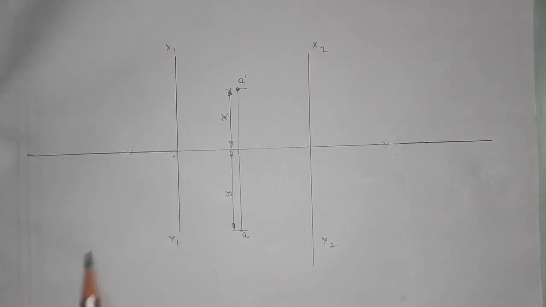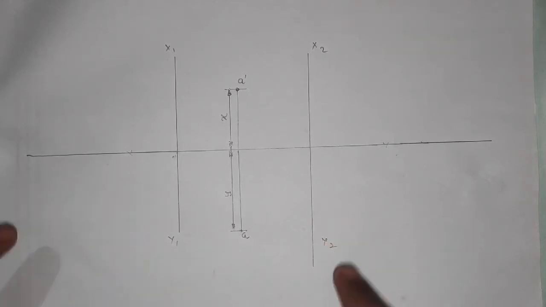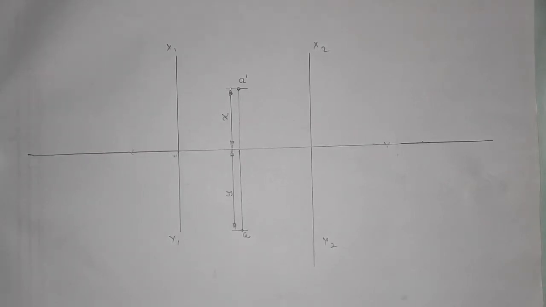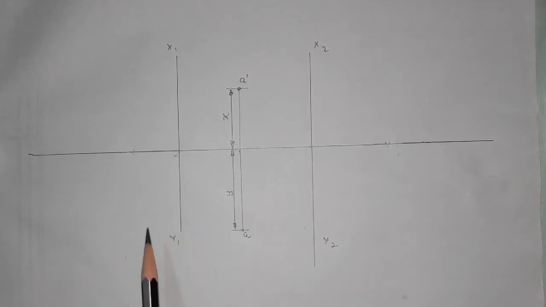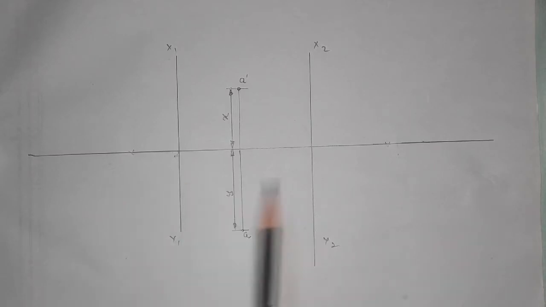One 45 degree line this way, another 45 degree line this way. I'll also explain why the 45 degree line has to be drawn below and not above. The condition is that the 45 degree line should always be beside your top view. In this case, for the first quadrant, your top view will be below the xy line, so we draw this 45 degree line also below the xy line.